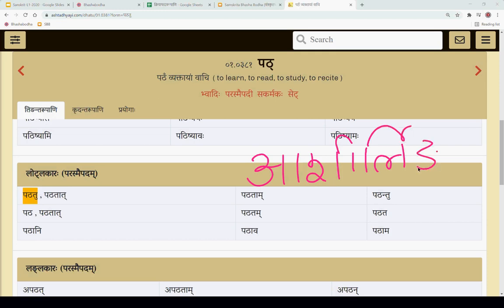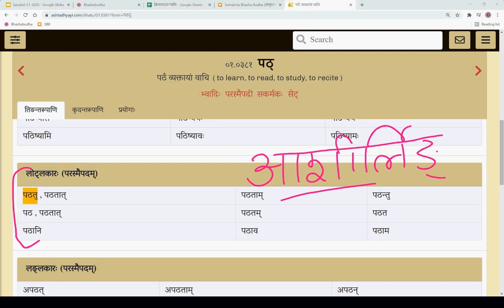These Ashirling lakara forms are used in the sense of wish. And the Ashirling lakara forms also have a 3x3 matrix, a 3x3 table like this. Like Lat Lakara has 3x3, Lot Lakara has 3x3, similarly Ashirling also has its 3x3 form.